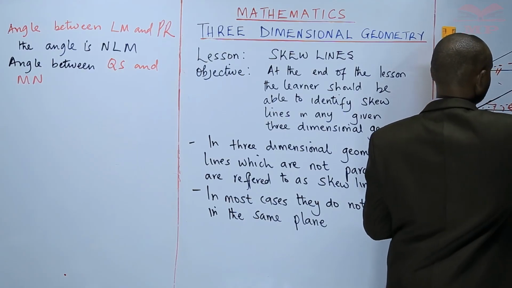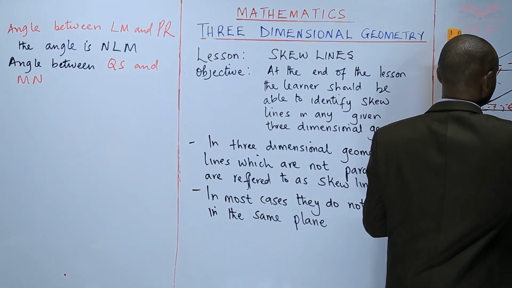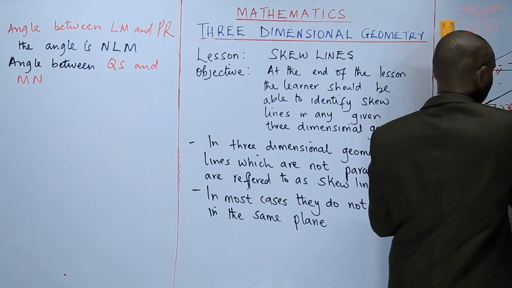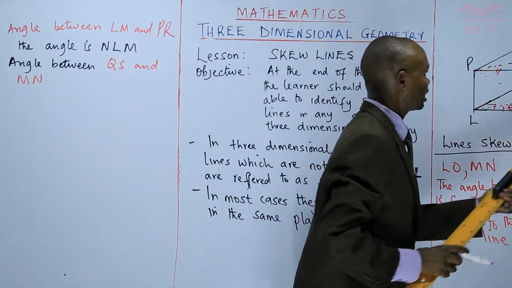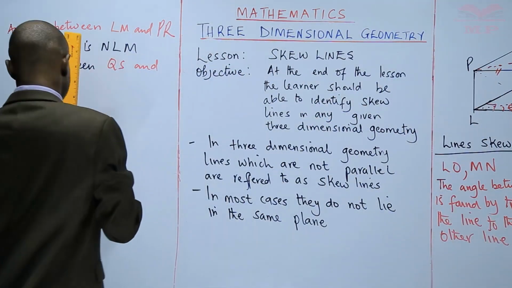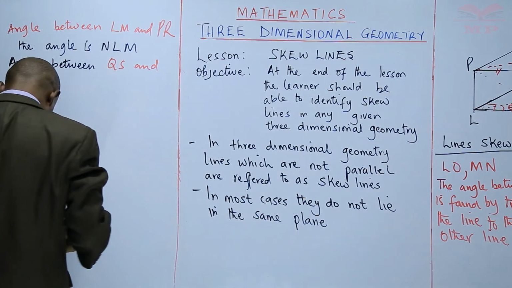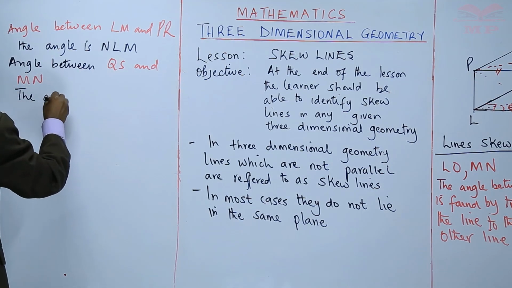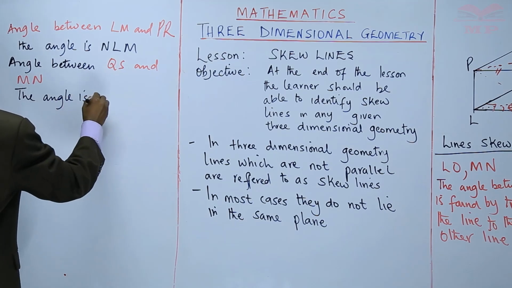I'll translate QS to the base below. If I translate, this will be patched on the base below. So that angle will be NMO.